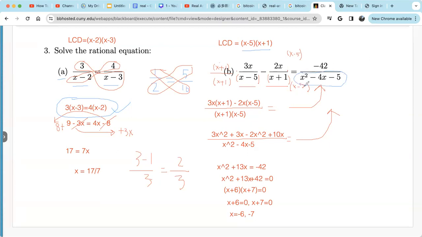On the right-hand side, we get rid of the denominator, and on the left-hand side, we won't have it either. We will get exactly this equals negative 42 right away. So if we apply that method, we get rid of the denominators right away. But either way works, all right?